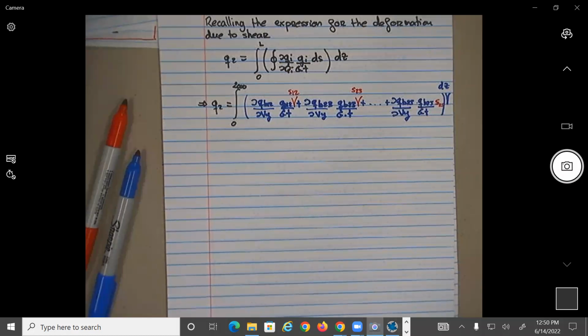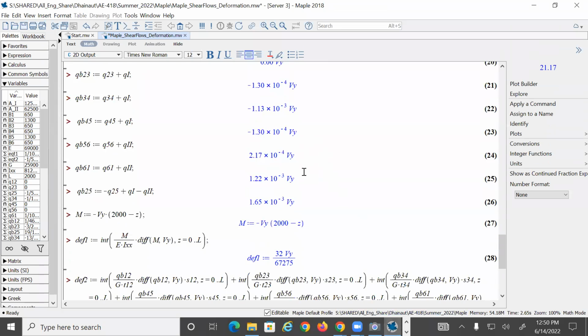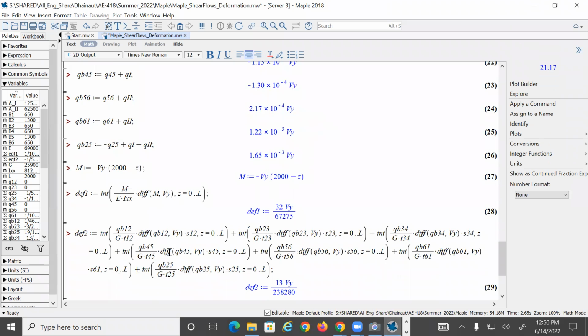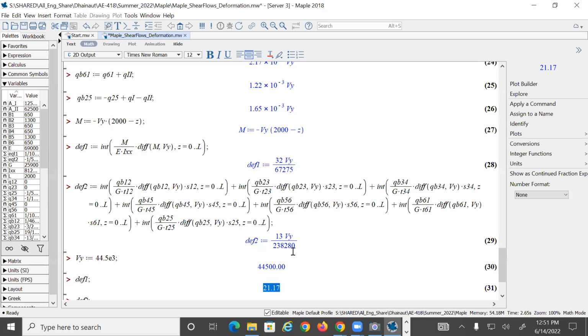All right, so over here, basically this is what you see on this expression here. You see QB12, but I did it differently. I first did the constant term, then I did the partial differential S12, integral 0 to L, okay? So if you do all this stuff, you're gonna get a deformation. I mean, I could give you the expression actually. Let's get this one.